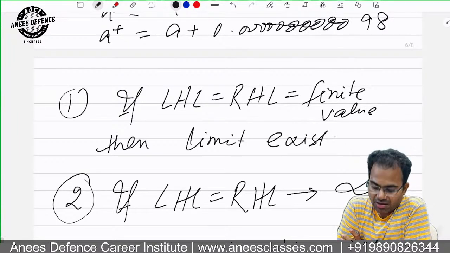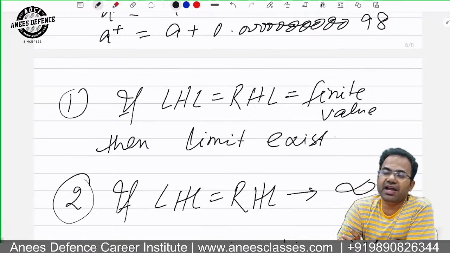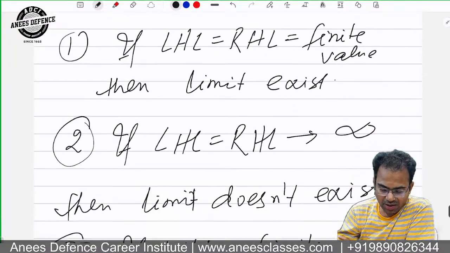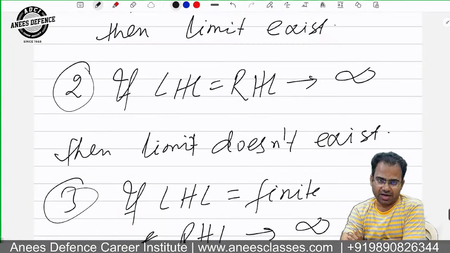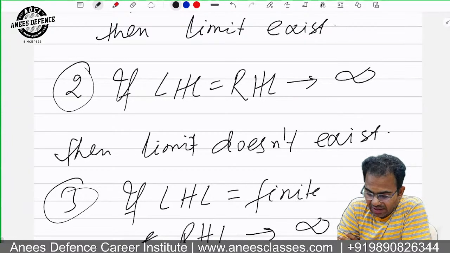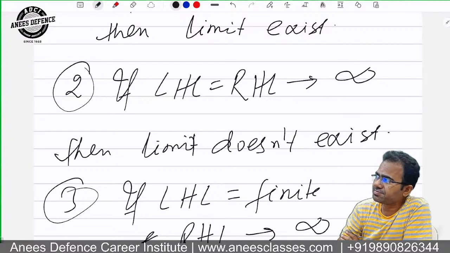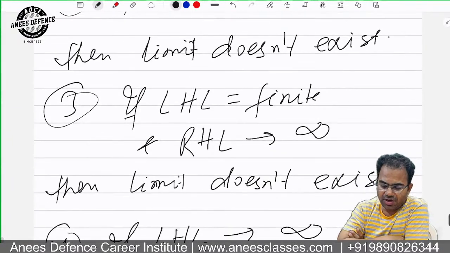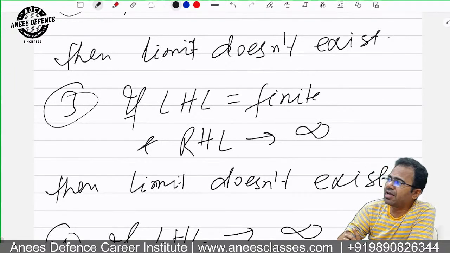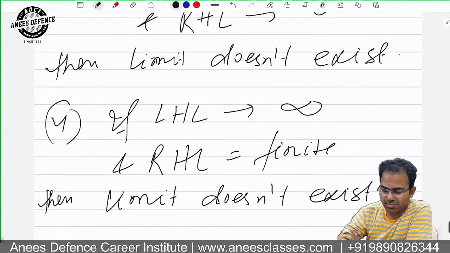If LHL equals RHL equals finite, then the limit exists. If LHL equals RHL and both tend to infinity, then the limit does not exist. If LHL is finite and RHL infinity, then the limit does not exist.